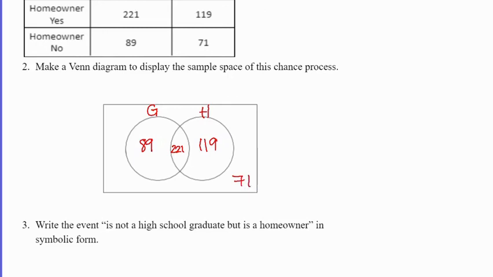Lastly, we want to write the event is not a high school graduate but is a homeowner in symbolic form. So, not a high school graduate means we have the complement of high school graduate. But means and. A homeowner.